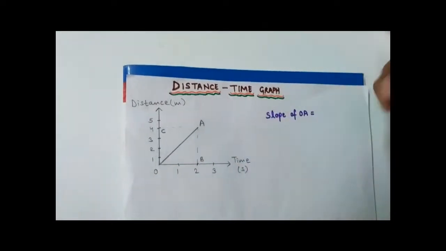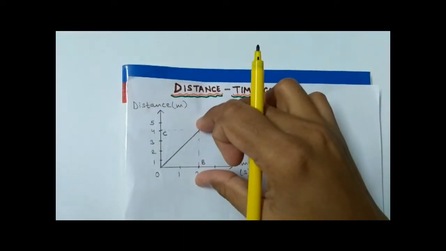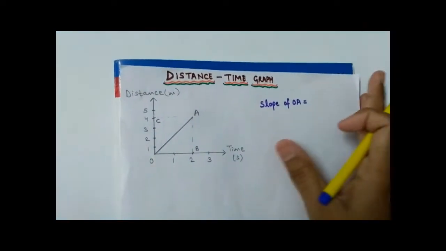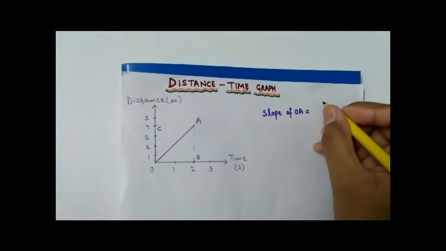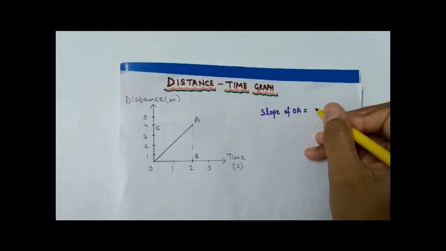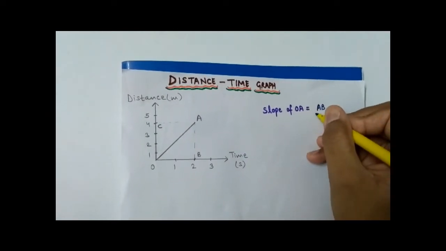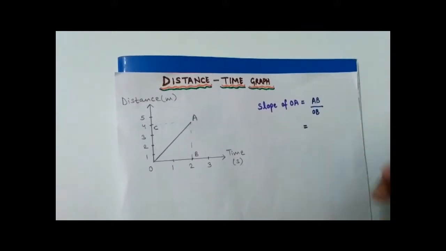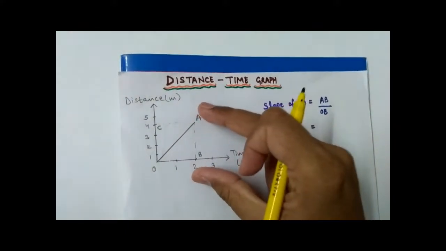This will be what? The vertical distance of this right angle triangle and the base distance. So what will I write here? I will write slope of OA is AB upon OB. Now, what is the length of AB?